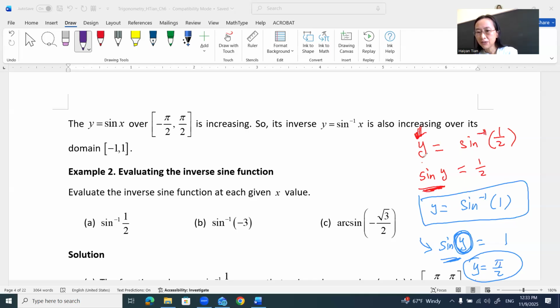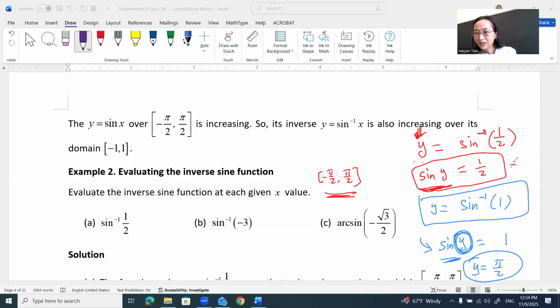If we rewrite it, we know it's in the domain of the sine, but the sine is only defined from negative half of pi to half of pi for this sine function to be invertible. So which y in that interval is such that sine y is half?